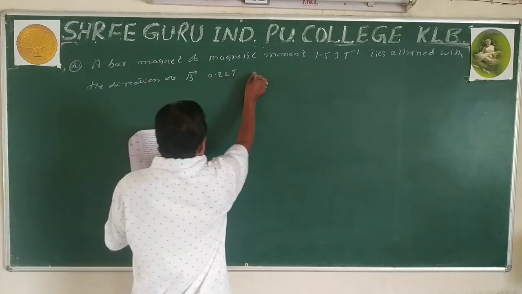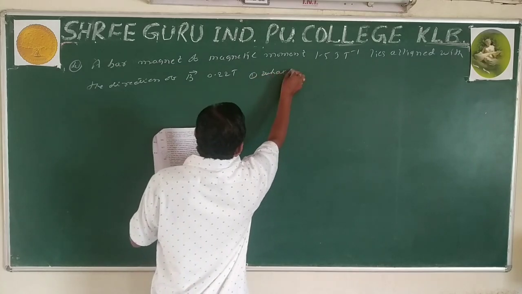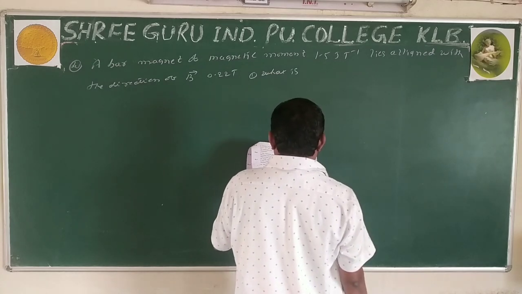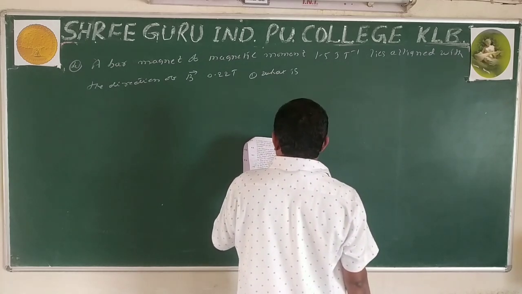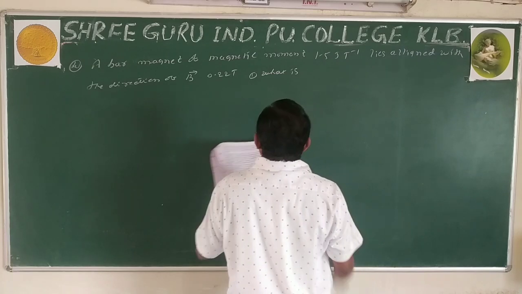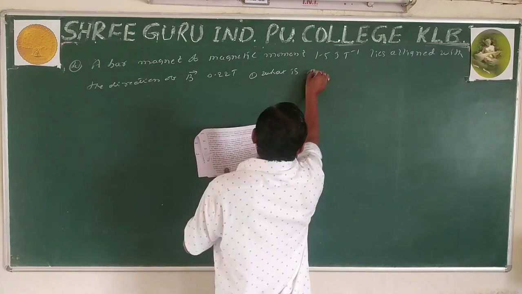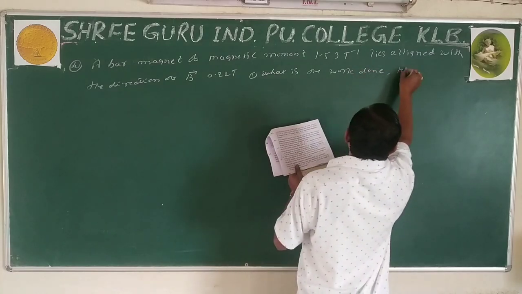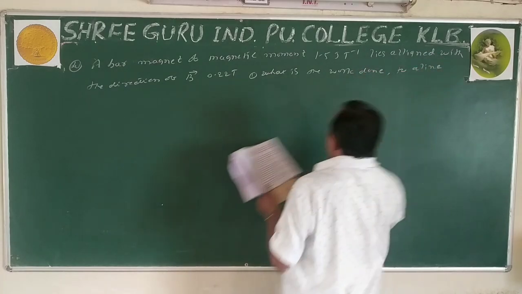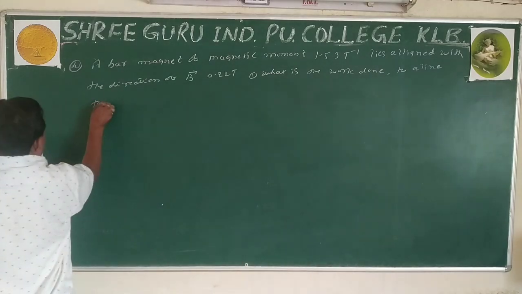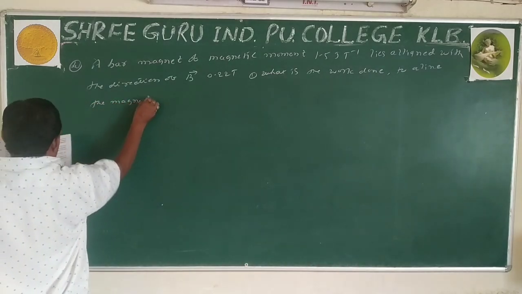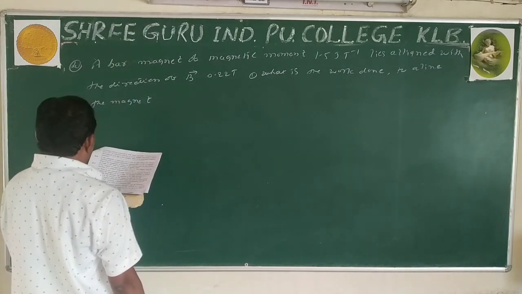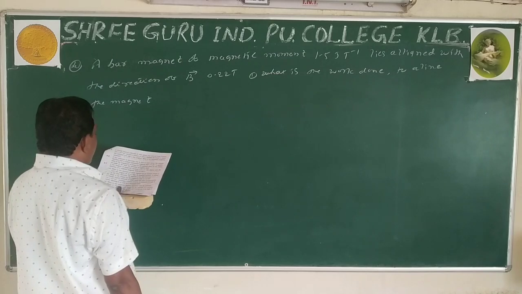First one, what is the amount of work required by an external torque to turn the magnet so as to align its magnetic moment?